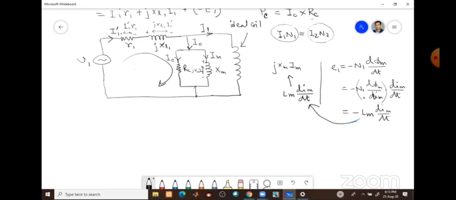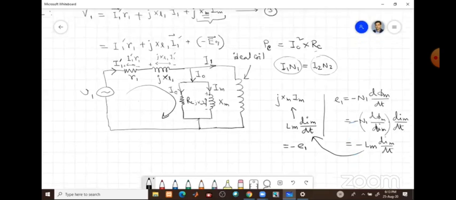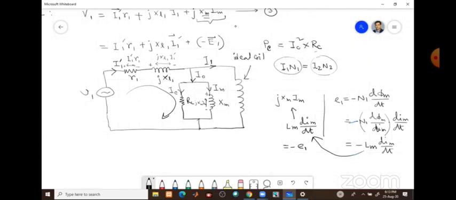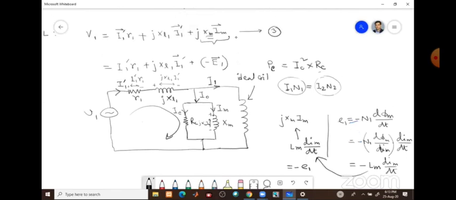But if I want to equate this, we have to equate with the minus E1. Therefore I have taken this as minus E1. When we refer to this time varying quantity, we transform it to the frequency domain.